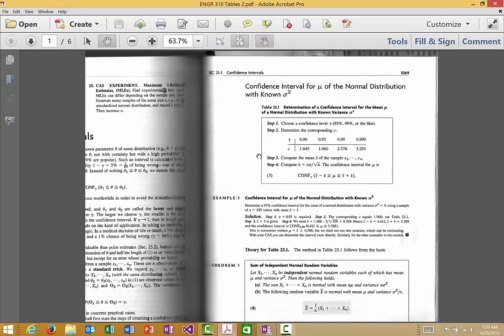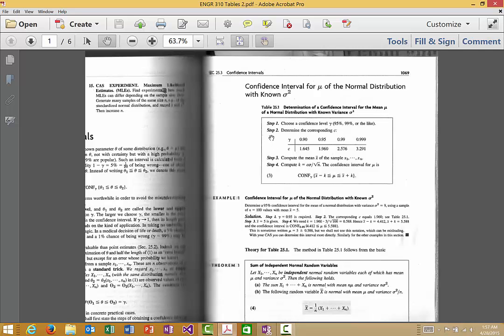We have a known variance, and so the steps that we're going to follow to solve this problem are given right here. Now, the first step is to choose a confidence level, gamma, which is 95%, 99%, or whatever. As we already said, the problem said to determine a 95% confidence interval. So for this problem, gamma is equal to 95%.